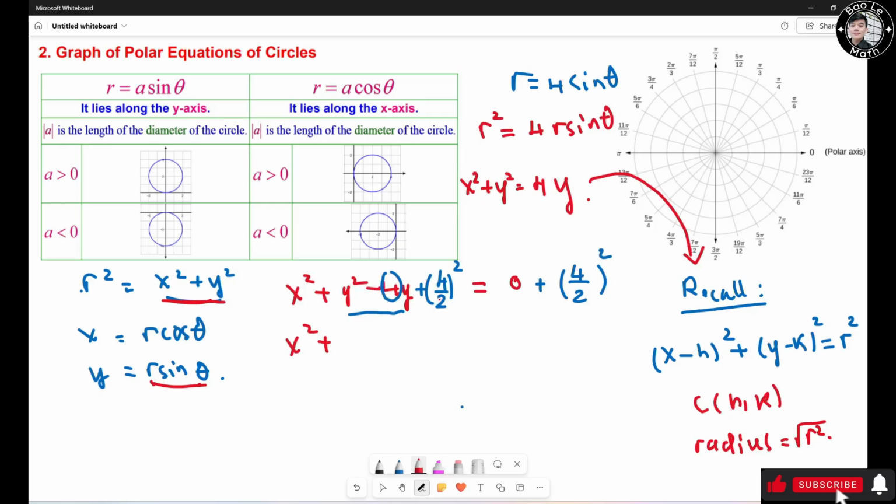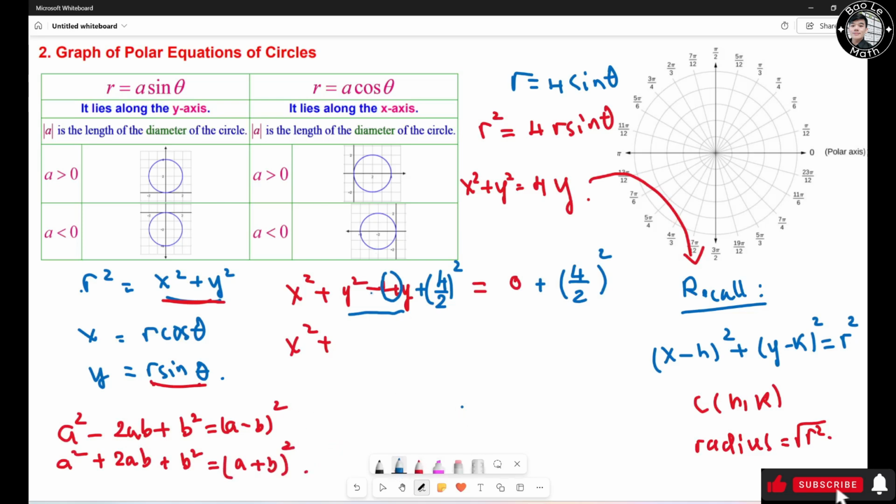This is actually a complete square. We know that a squared minus 2ab plus b squared equals a minus b all together squared, and a squared plus 2ab plus b squared equals a plus b all together squared.